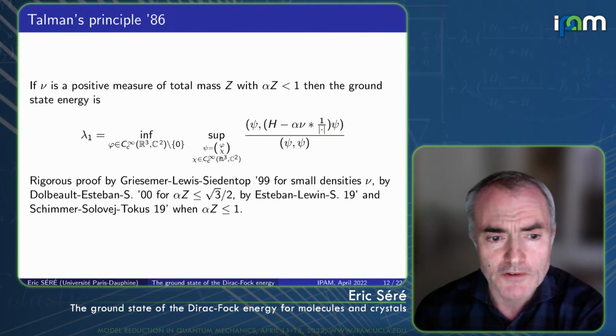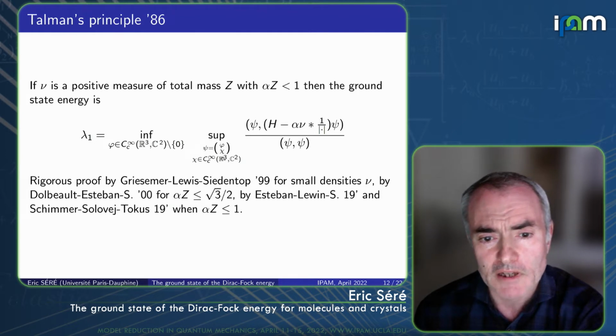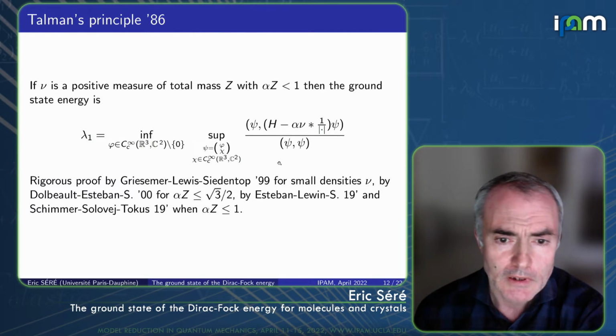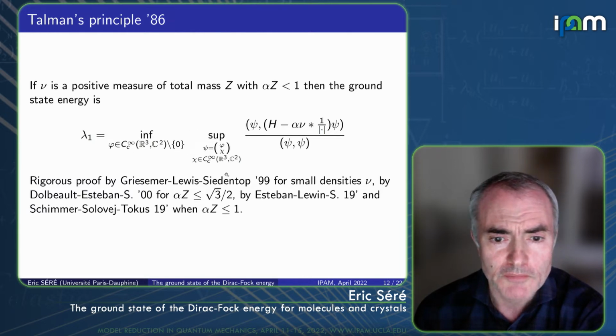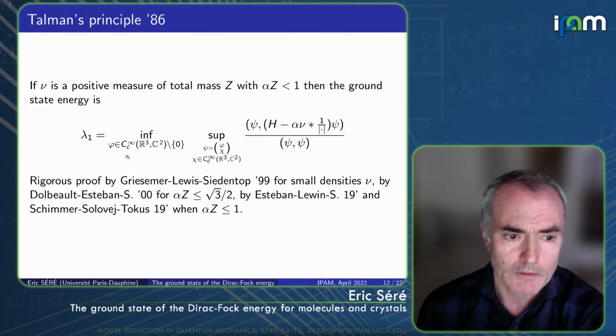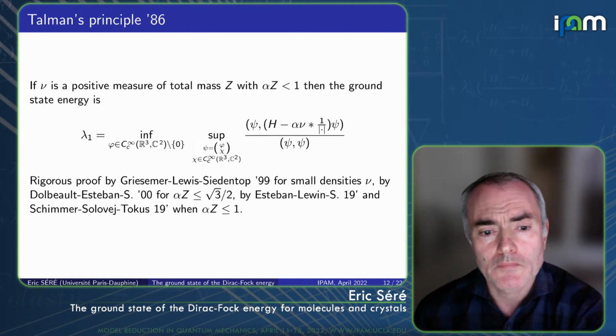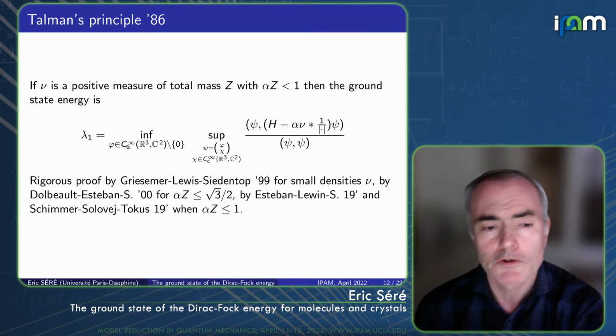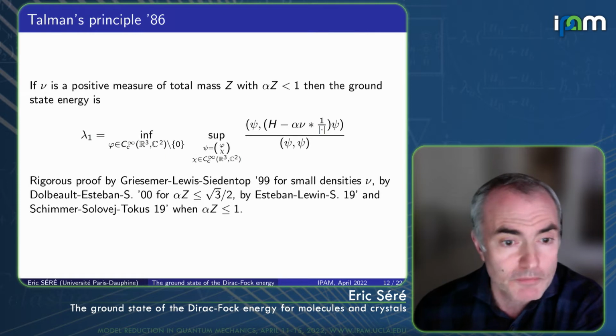What you do is, for fixed phi, you maximize over chi the Rayleigh quotient. And then, once you've done this maximization, you minimize over the upper spinor. Okay, and Talman gave convincing arguments and also made some computations showing that this principle works.